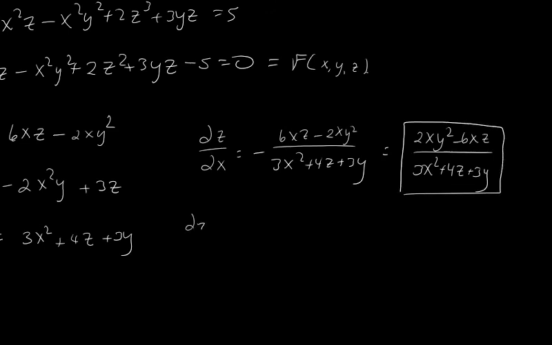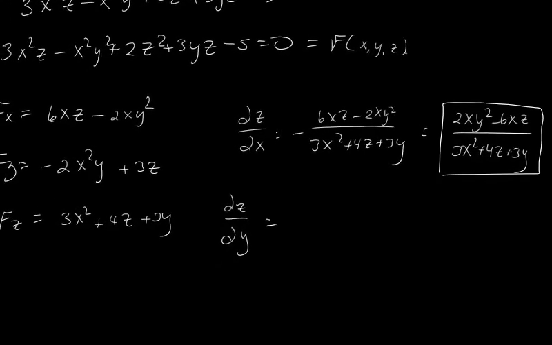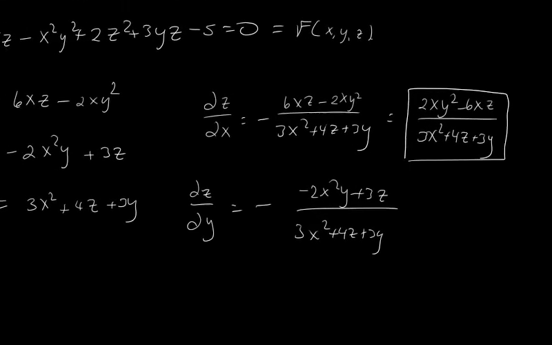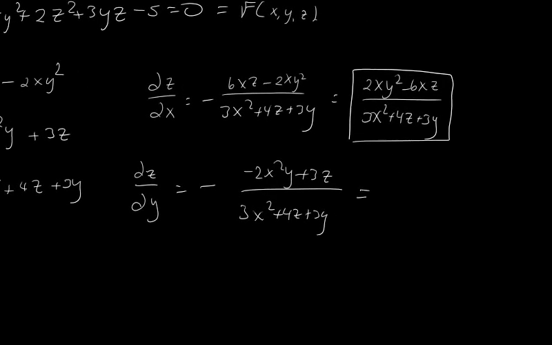Okay, and then the partial of z with respect to y is going to be negative 2x squared y plus 3z divided by 3x squared plus 4z plus 3y, which we can distribute the negative to get 2x squared y minus 3z divided by 3x squared plus 4z plus 3y.